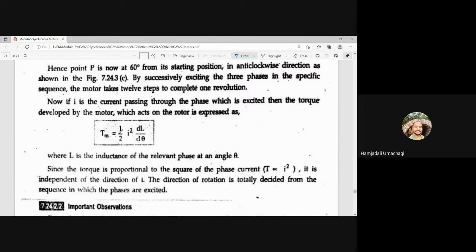The torque is directly proportional to the square of the current, that is T is proportional to I square. It is independent of the direction of I, so it is independent of the current direction. The direction of the rotation is totally decided by the sequence in which the phases are excited.